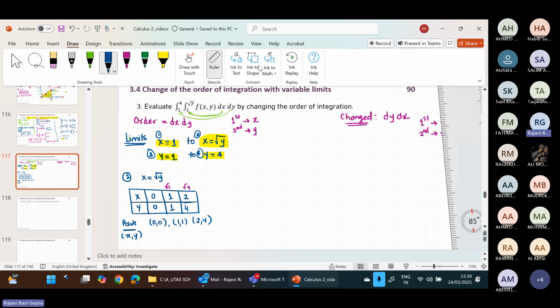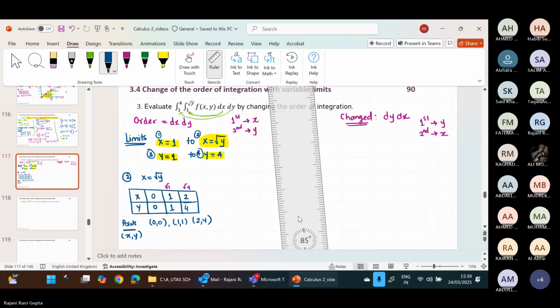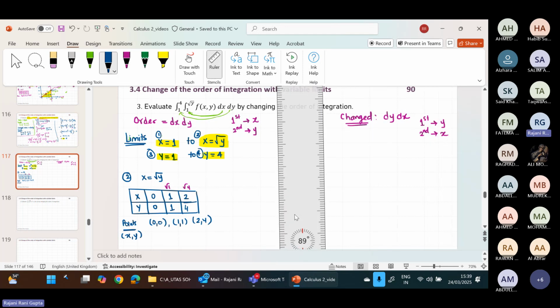So what we will do again is use the scale to draw the x-axis and y-axis.